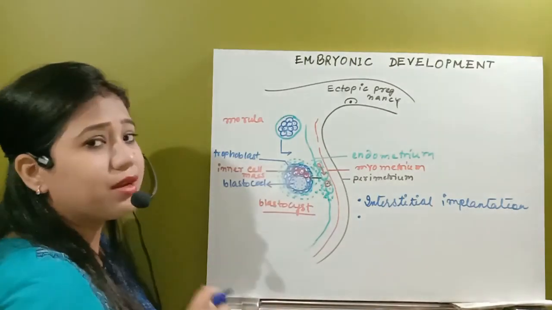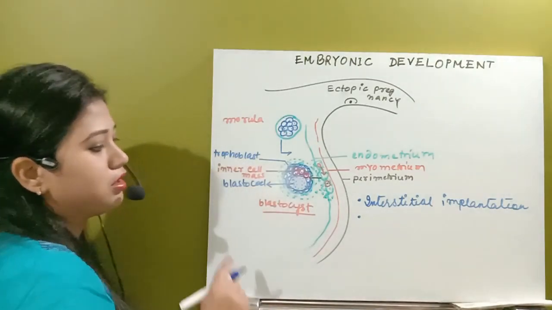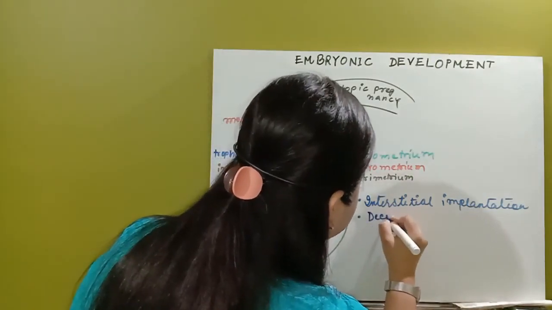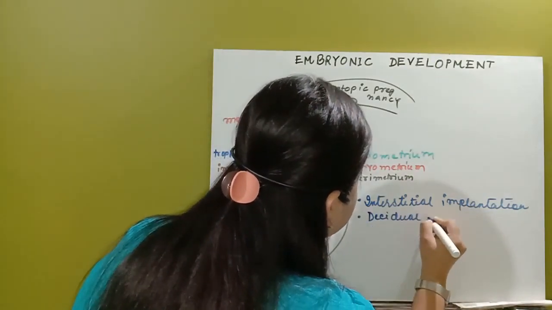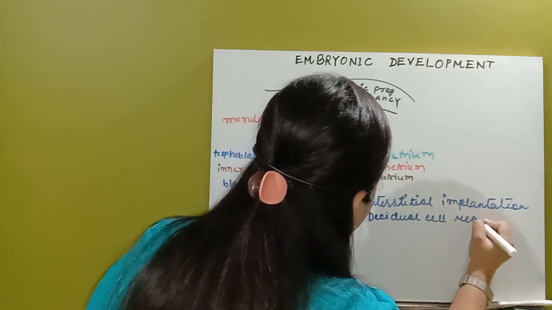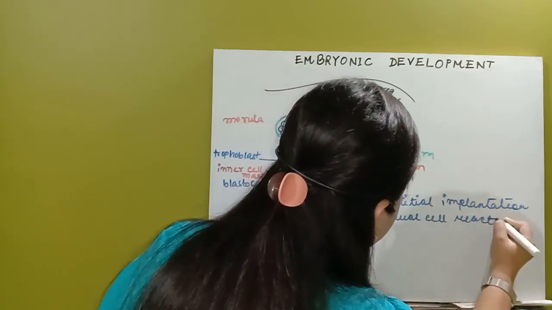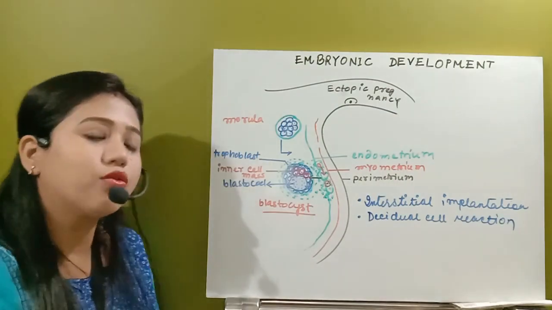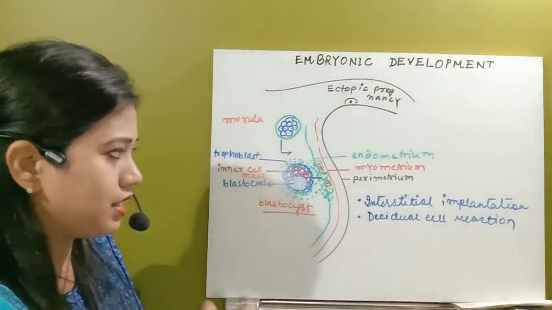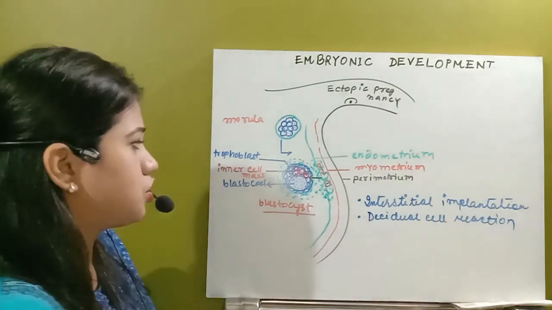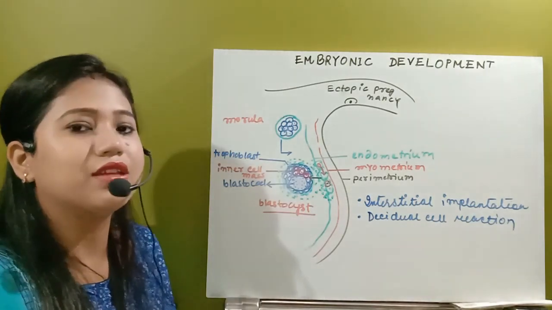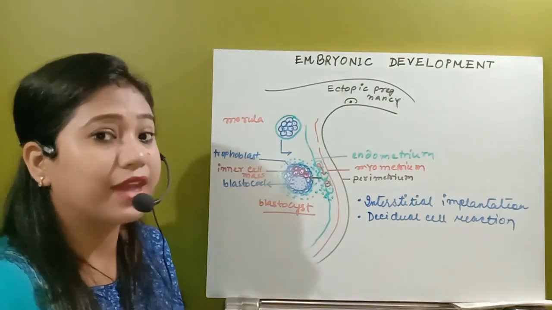Second, a very important thing is happening here, a reaction that is known as the decidual cell reaction. So what is the decidual cell reaction? Around 7 days after fertilization, the morula is coming towards the endometrium where the implantation has to occur.